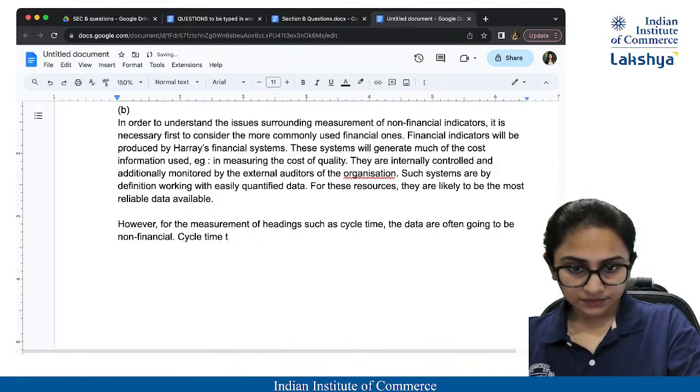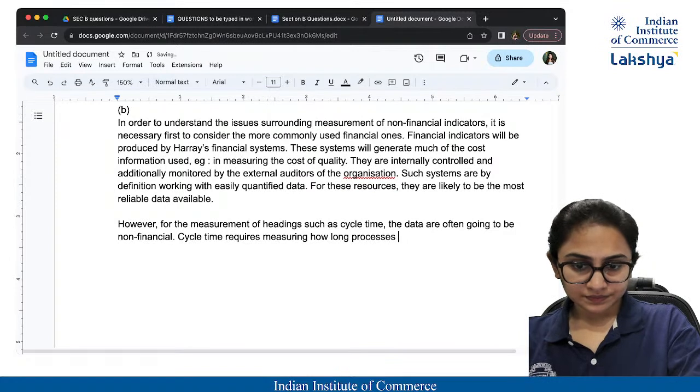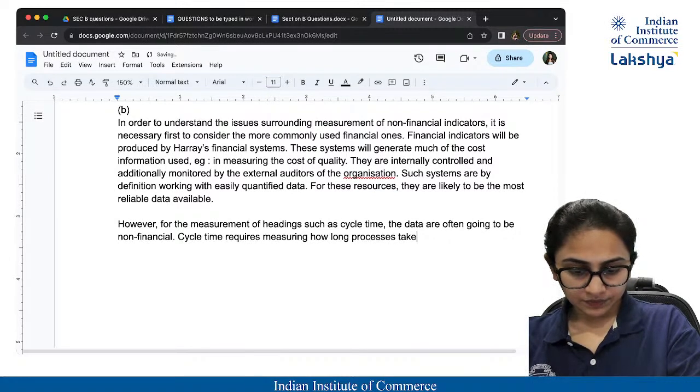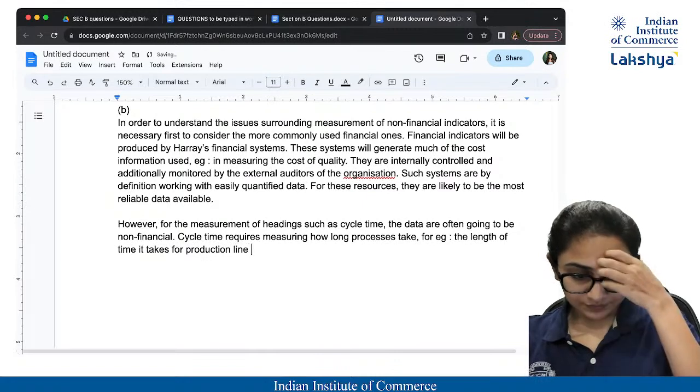Cycle time requires measuring how long processes take, for example, the length of time it takes for a production line to produce a keyboard.